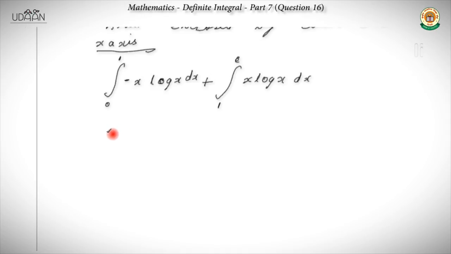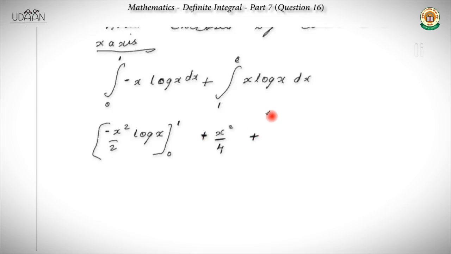This turns out to be minus x square by 2 log x from 0 to 1, minus x square by 4. Actually, the minus x square by 4 will turn out to be plus x square by 4, because there will be a minus sign in the second term also.